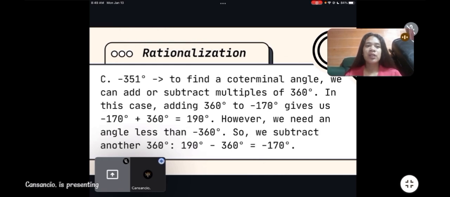To find a coterminal angle, we can add or subtract multiples of 360 degrees. In this case, adding 360 degrees to negative 170 degrees gives us 190 degrees. However, we need an angle less than 360 degrees, so we subtract another 360 degrees. 190 degrees minus 360 degrees is equal to negative 170 degrees.